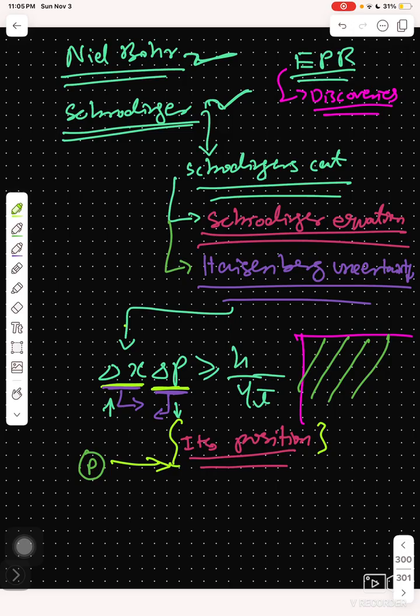Then the most famous equation, Schrodinger's equation.